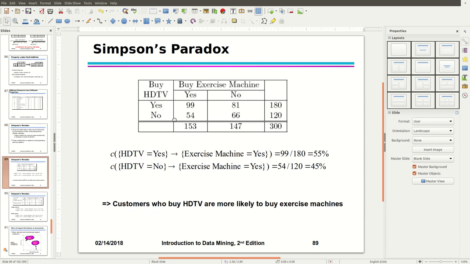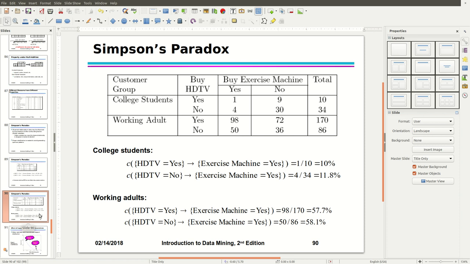So it is more likely that I will buy an exercise machine not because of HDTV, but because I have more adults in this set. So that actually produces a yes result, not because it is HDTV, but because I have more people in this group that are buying HDTV who are adults, and they are more likely to buy exercise machines.